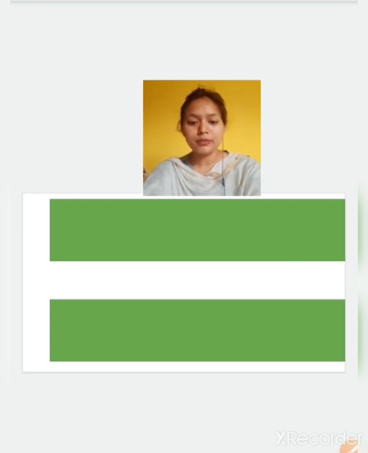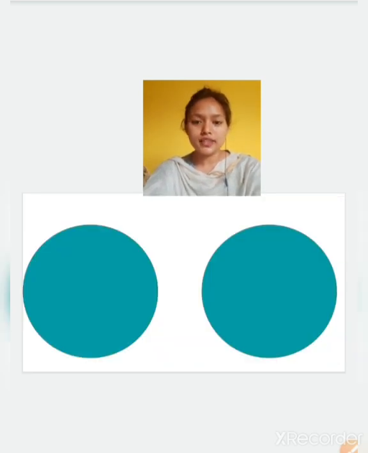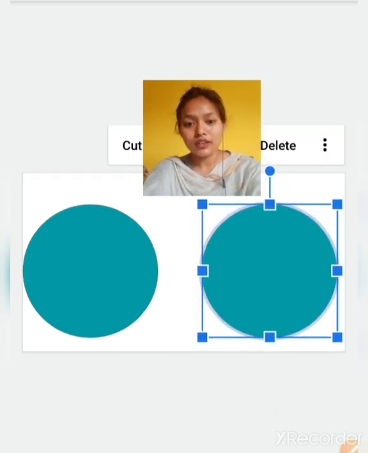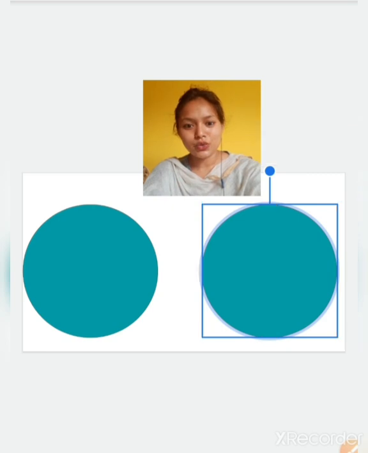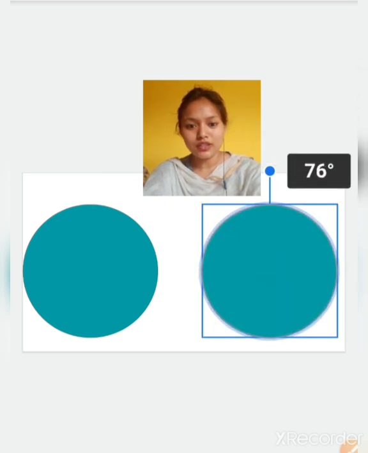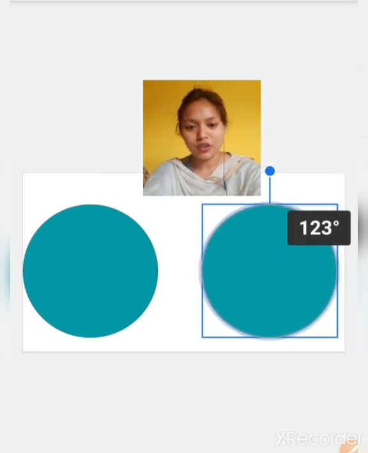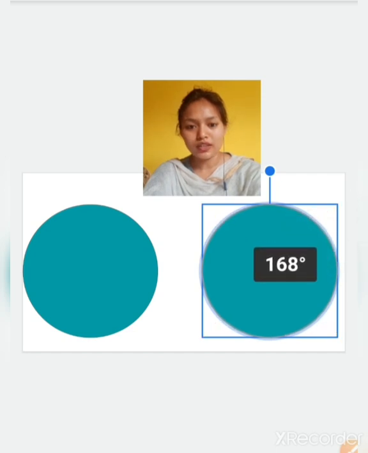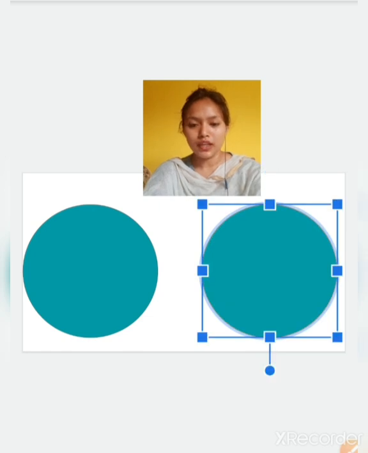Let's take the other image. Next one is the circle. As you can see, are both the circles same? Yes, both the circles are same. So let's move the other circle to an angle of 180-degree. We will rotate it clockwise. So let's try to rotate this. As you can see, 90, 120, 135, and this is 180.